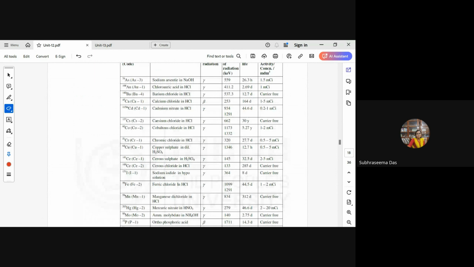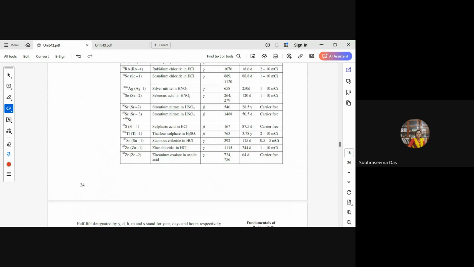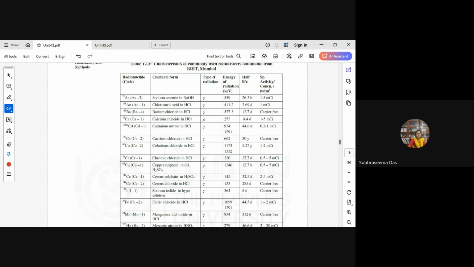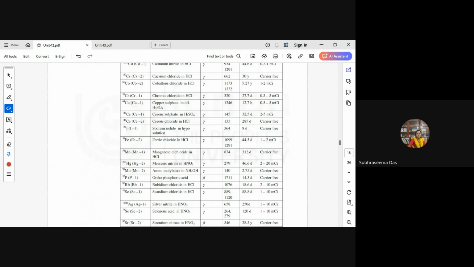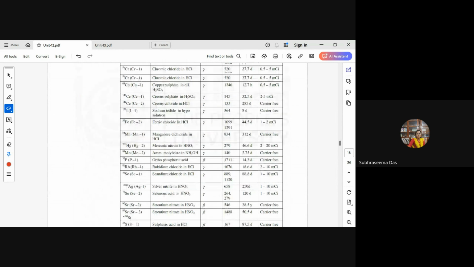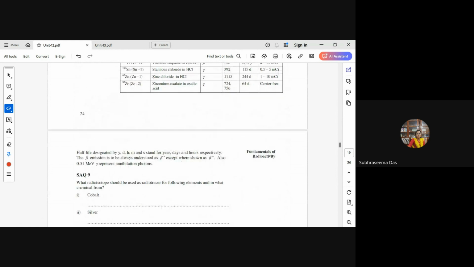Their availability form, radiation, energy and half-life are listed. The half-life is designated by Y, D, H and MS, where Y stands for year, D indicates days and H indicates hours respectively.